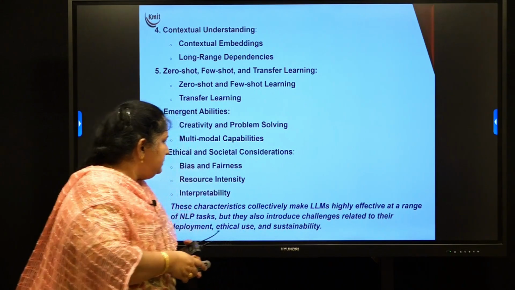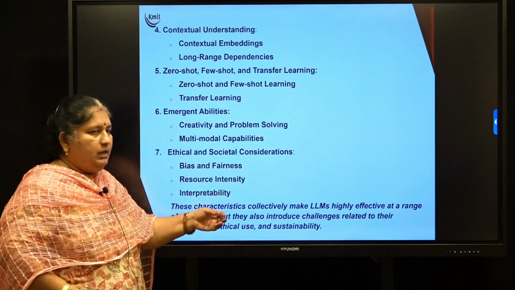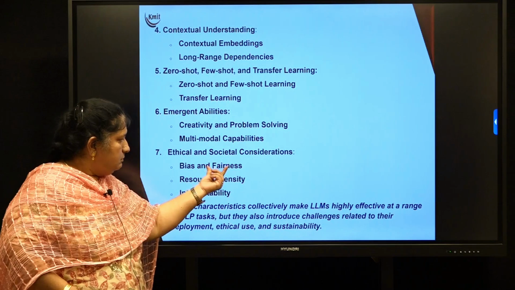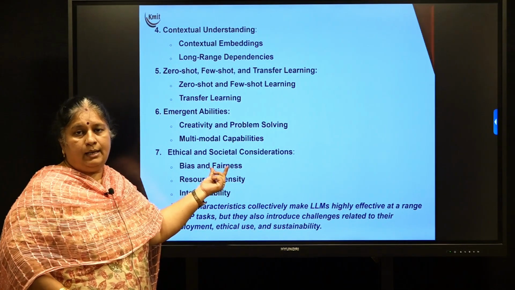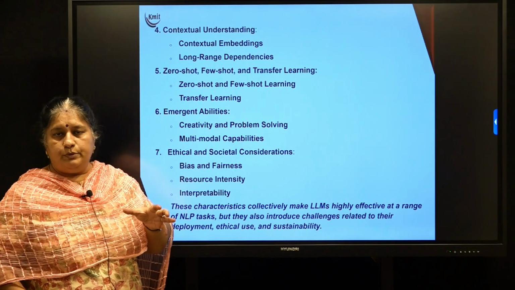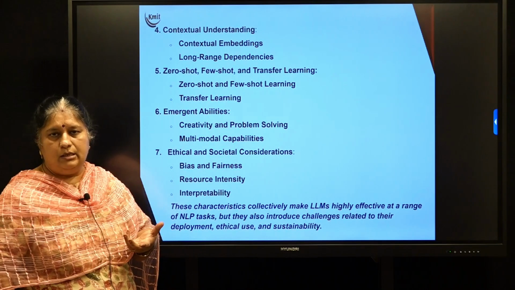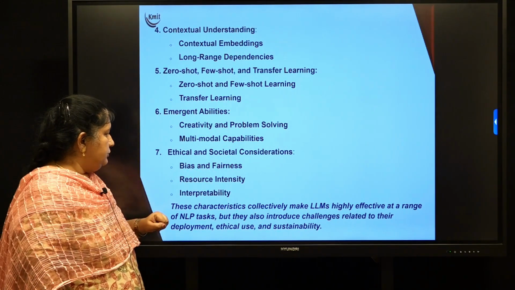In such cases, what should be done? This is still under research. If the LLM is subjected to bias and the fairness is slightly missing and you are not getting the proper output, but it is leading you into some problematic situations, how do we deal with such LLMs? It's still under research.